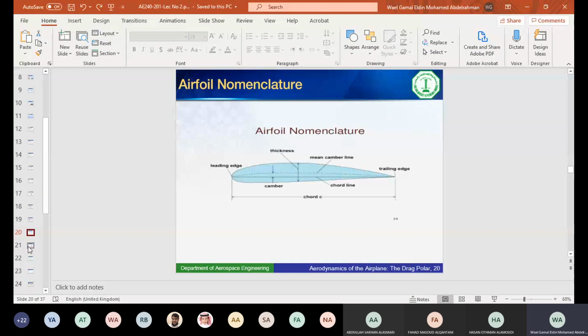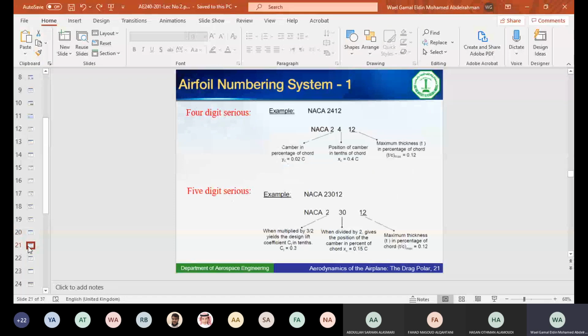I will leave you with just the names of the families, but I will go into details on them next time. We have what we call the 4-digit family, because the name consists of 4 digits. It's just like when you talk about the Mazda family of cars. You have the C3, C5, C7, C9. So that's the family.